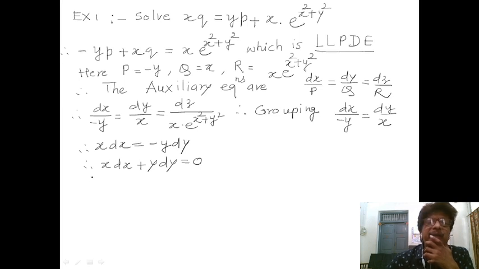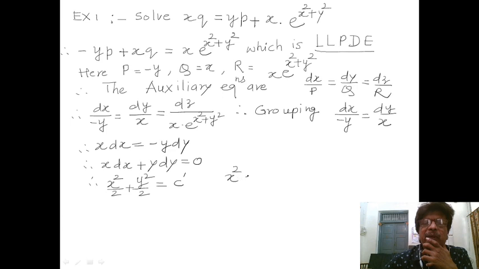On integrating this, we get x square by 2 plus y square by 2 is equal to c dash, or say x square plus y square is equal to c1. This is the first arbitrary family of solution of the first grouping. Moreover, we see that the value of x square plus y square we have found to be constant in the first part of this solution.